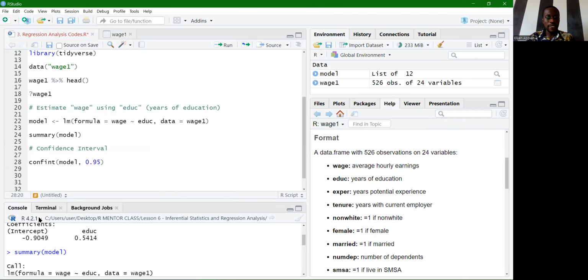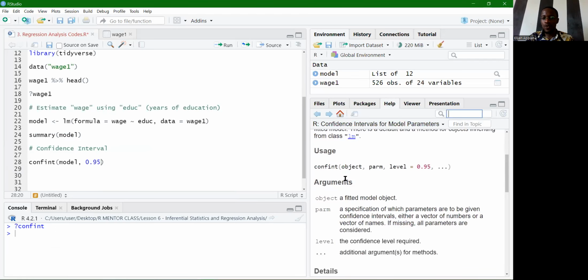In fact, if you should seek help from R on how this function is being used, then you would notice that the first one is object. And then the third argument is level. So it means that we are jumping over this second argument. So if you do not specify any argument name for this 0.95, R is going to think that this 0.95 is matching the second argument name here. So here we now need to be explicit and say level equals 0.95. So that is a default one.